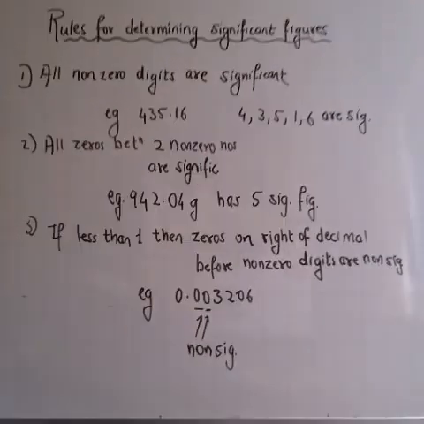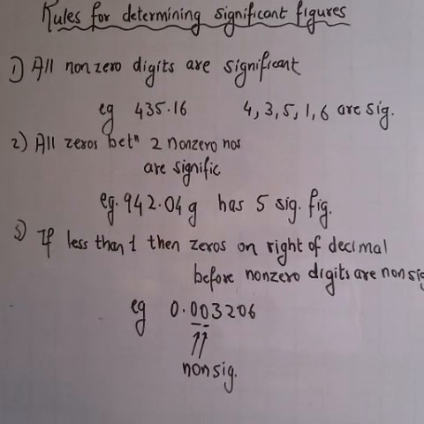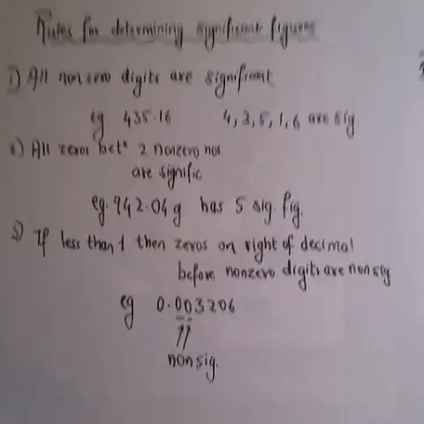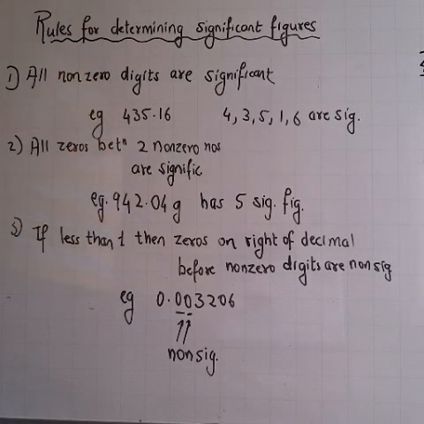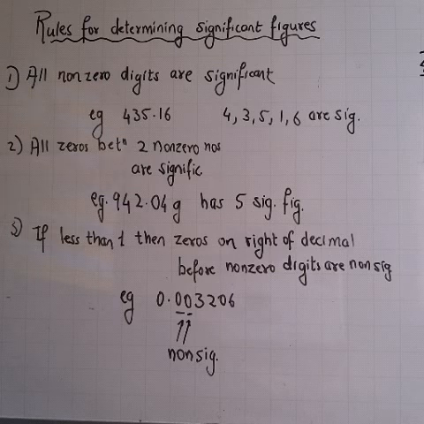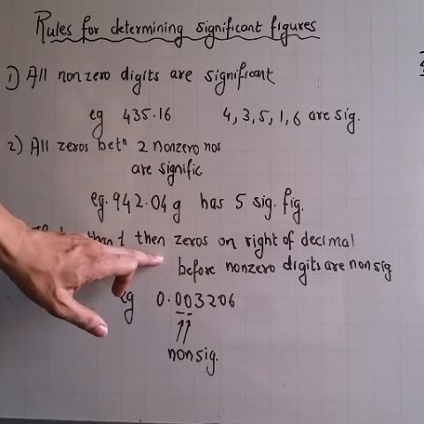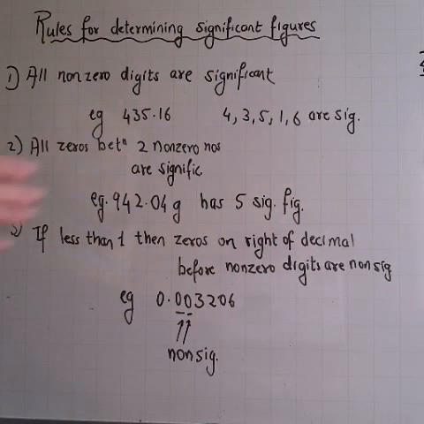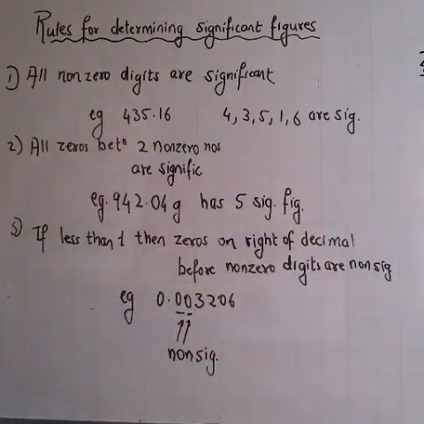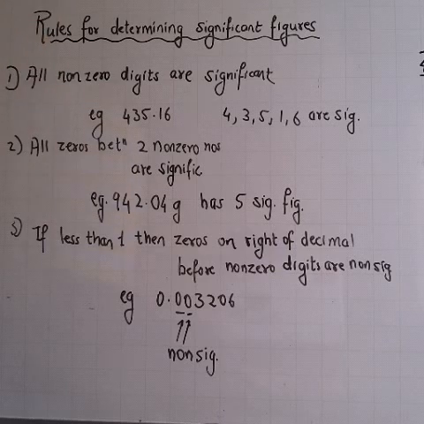Now further, if the value of a number is less than 1, then definitely it will start with 0 point something. Then zeros on the right of the decimal before non-zero digits are non-significant.